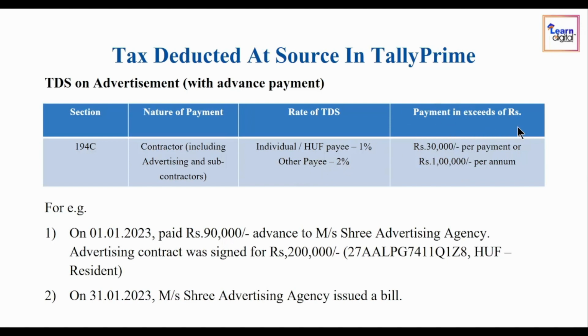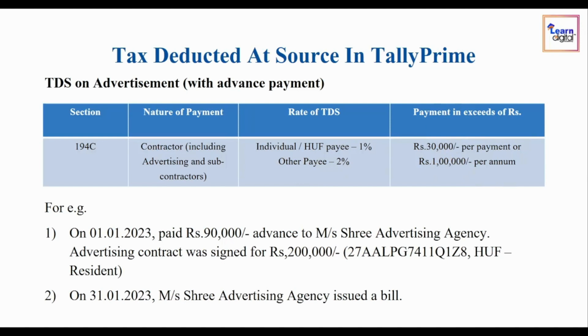And payment in excess of rupees. Here, if a single voucher is of 30,000 rupees, then this TDS will get deducted. If the voucher is less than 30,000, it will not deduct the TDS in that particular voucher.